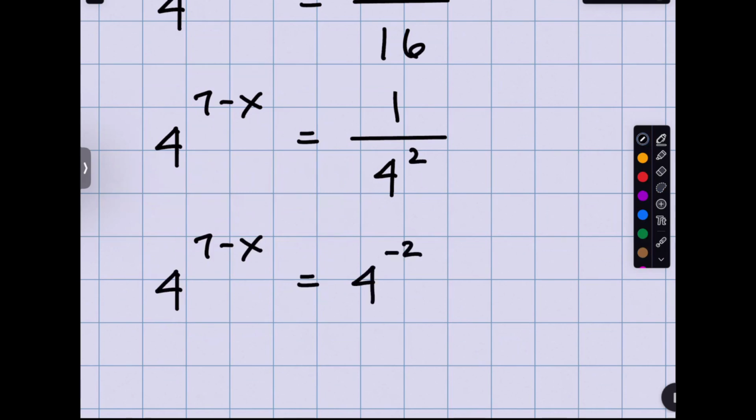So yes, we can get the bases the same, because 16 is 4 squared. I can't have it in the denominator, so I got to pull it up top, kicking and screaming. So it's 4 to the negative 2. If you type 4 to the negative 2 in your calculator, you'll get 1/16.